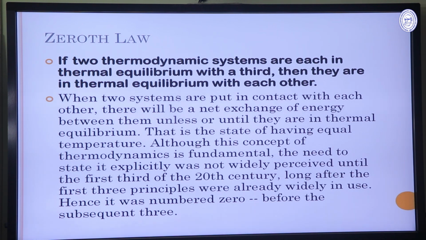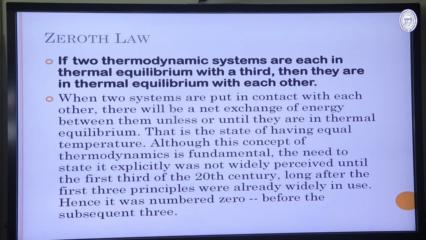Now what happens when we keep two systems in contact with each other? Whenever we keep two systems in contact, there will definitely be a net exchange of energy. If one body is hot and another is cool, there will be an exchange of energy in such a manner that one is going to get cooled and the other is going to get hot, and finally the temperature becomes the same, or it comes into thermal equilibrium.